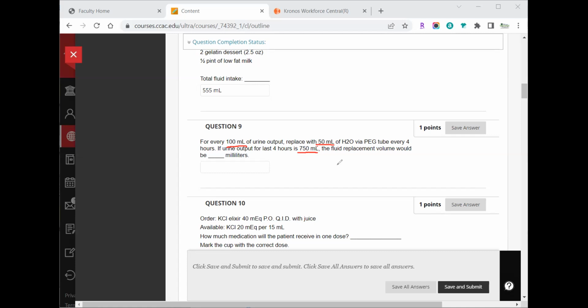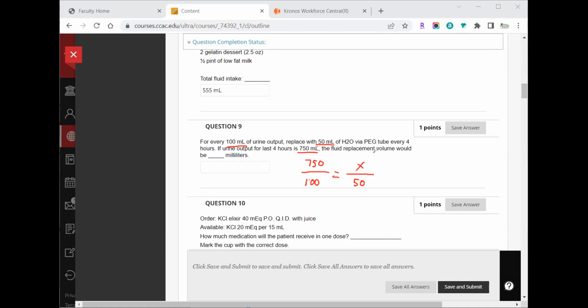So there's 2 ways to do this. You can set up what's called a ratio proportion, where you take one output over the other, and then set them equal to your replacement volumes. So this would be the 50 because they're equivalent, and then this would be the unknown.